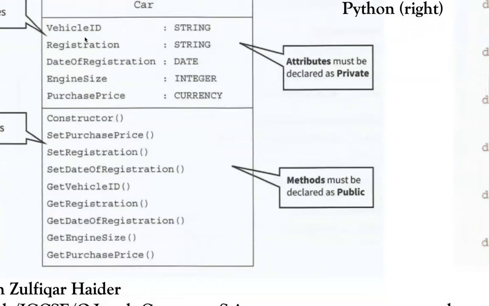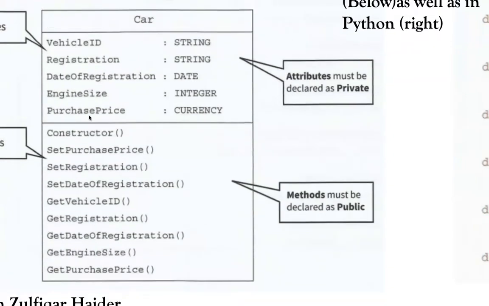The reason that I have these attributes and these methods is that these attributes cannot be accessed without these methods. Why? Because object-oriented programming states that all of the attributes that you're using in a class, like these 5 attributes of this car class, are private.